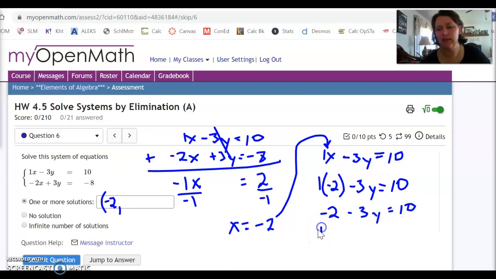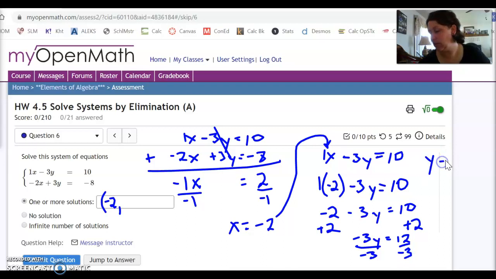Then add 2 to both sides, and we get negative 3y equals 12. Divide both sides by negative 3, and we get y equals negative 4. So that's our solution for number 6.